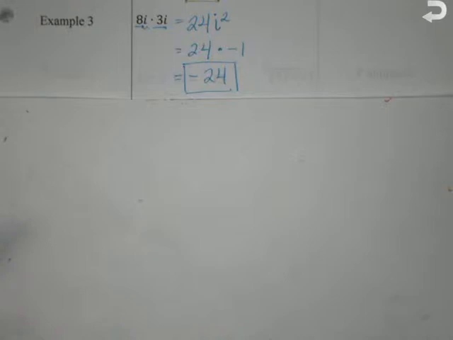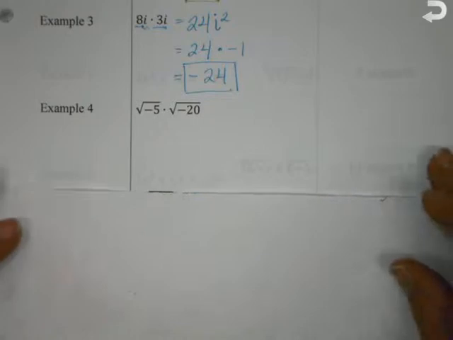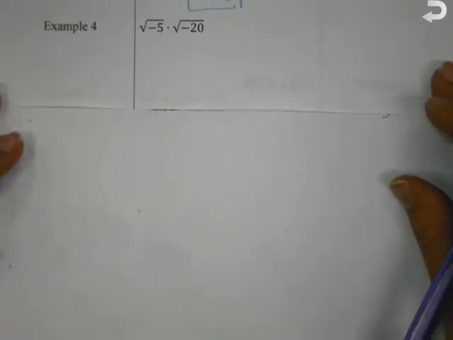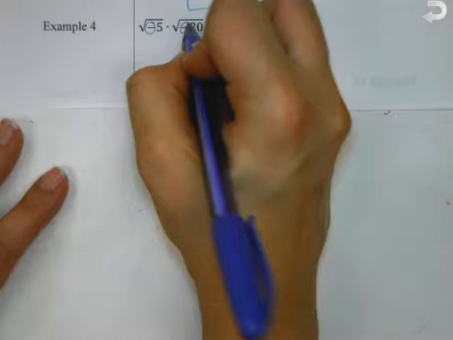Okay, example 4. Root negative 5 times root negative 20. Before we start working with i's and these negatives, I always suggest that we multiply first. So this is the same as the square root of negative 5 times negative 20.